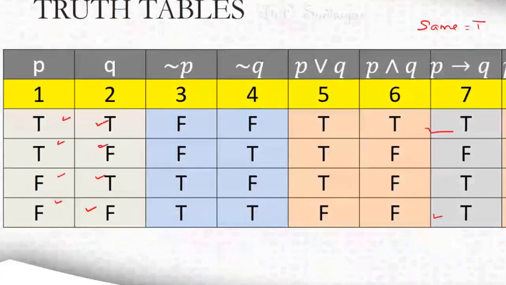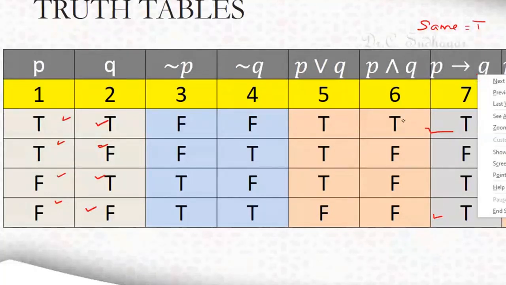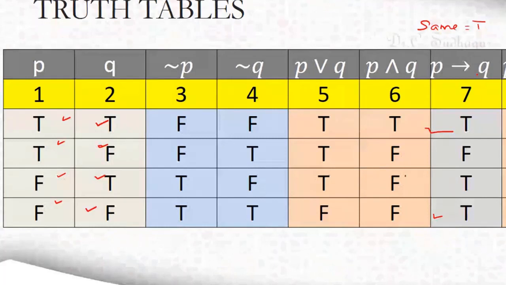The right hand side we are having Q here, so the truth values of Q will be coming here. So what is the truth value of Q here? The truth value of Q here is F, so take that F and write it here. The truth value of Q is T here, take and write it here.